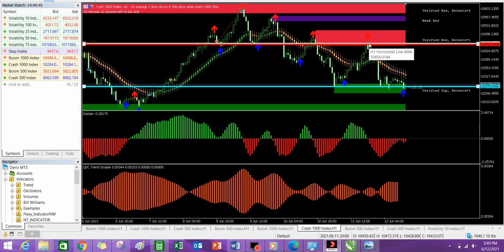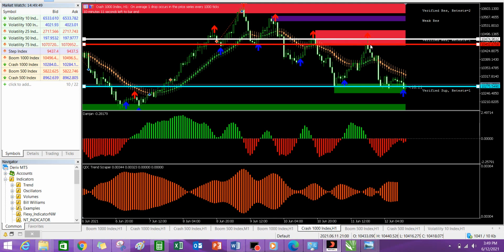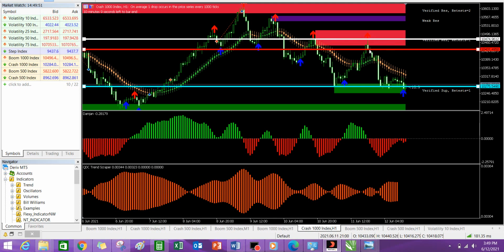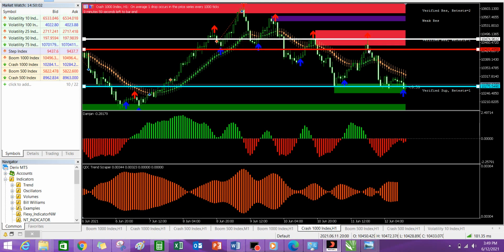Do you know what will happen? Your stop loss will move backward and stop at where the crash ended. It will move from here backward. The first spike will move from here backward to where the crash down stopped, and immediately it stopped there, your order will be closed immediately.